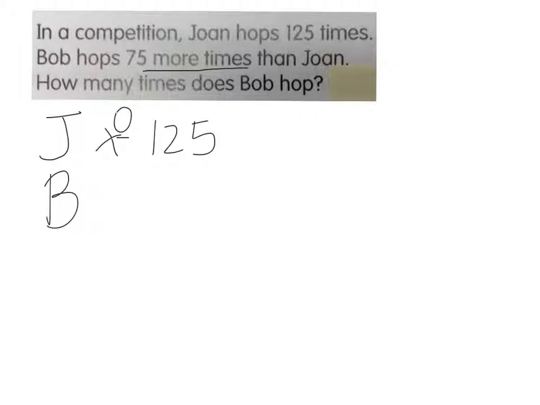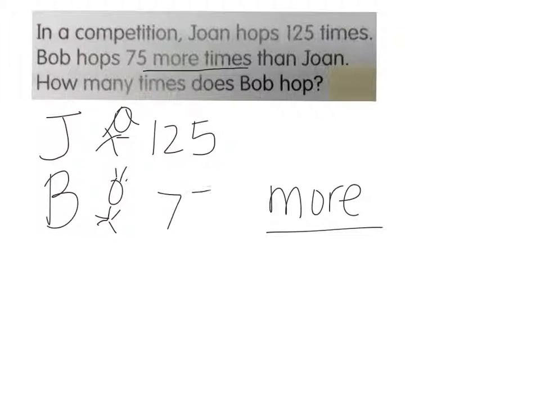So what do we know about Bob? He did more times. So we know that Bob did more. Okay? And he did how many more now? Tell me how many more. 75 more. Okay? So we know that information.